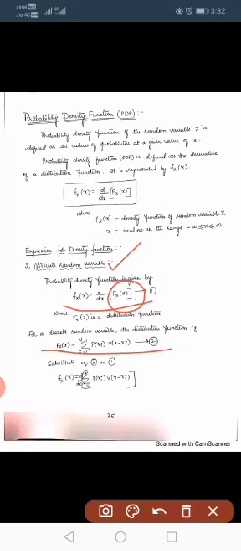This one: since it is a discrete random variable, we are using summation. FX(x) equal to summation i equal to 1 to n of probability of xi into u of x minus xi. Substitute equation 2 in equation 1. So the density function is the derivative of this one.